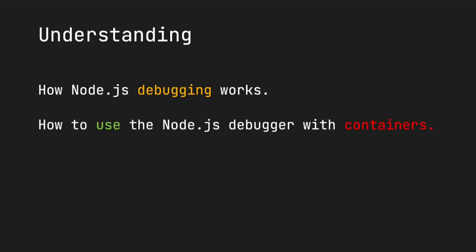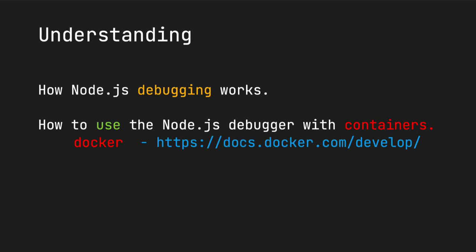But to be successful at that, there's a couple of things I need to understand. The first of that is how Node.js debugging works, and more specifically, how that debugging works when using an application in and out of a container. That container may have been started by different runtimes.